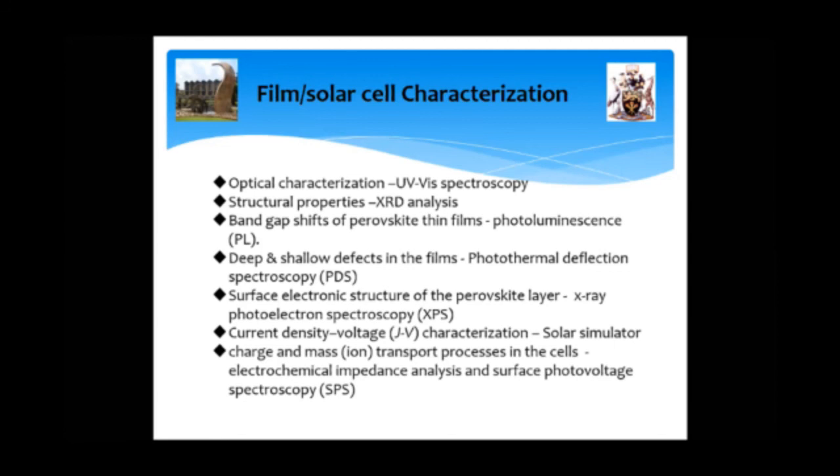Deep and shallow defects in the films will be evaluated using photothermal deflection spectroscopy. And then the surface electronic structure of the perovskite layer will be studied by X-ray photoelectron spectroscopy.